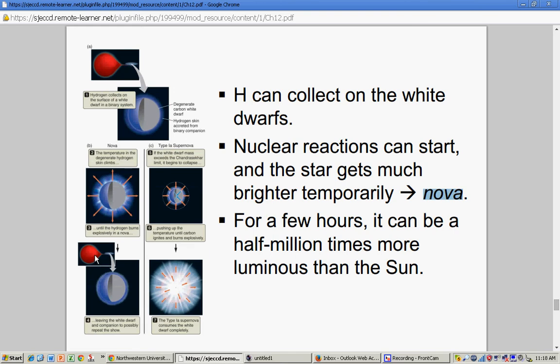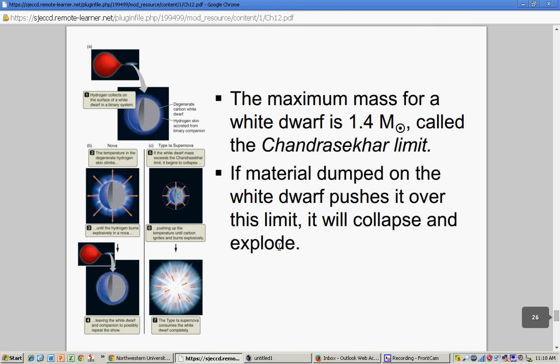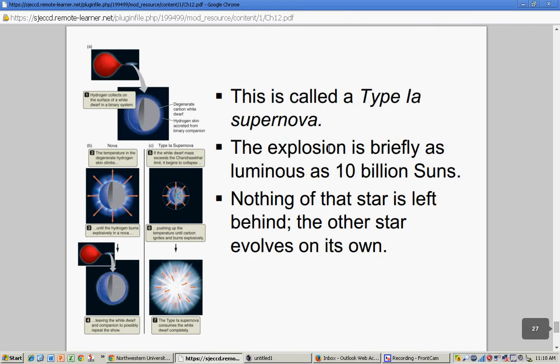But if this transfer of material keeps going, eventually this whole core is ignited and becomes a supernova if it goes above 1.4 solar masses and breaks the Chandrasekhar limit. Okay, and that's a supernova type 1.